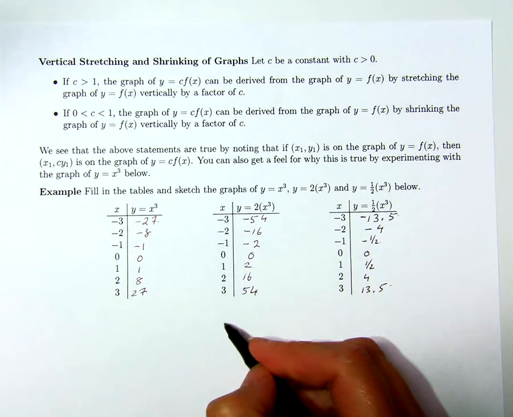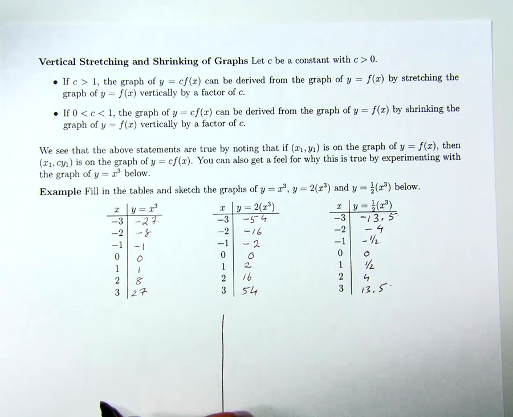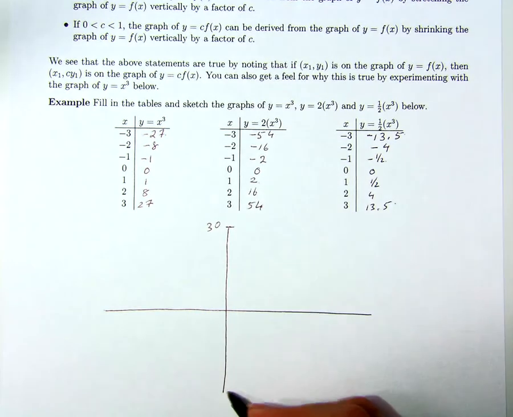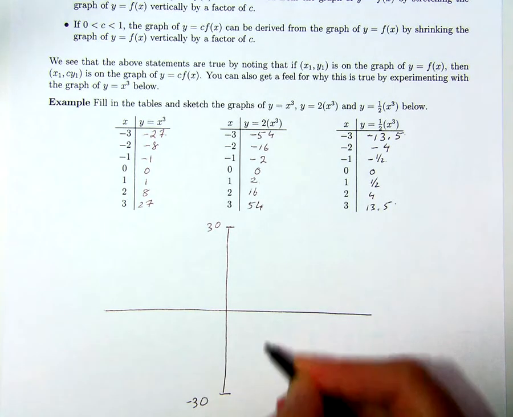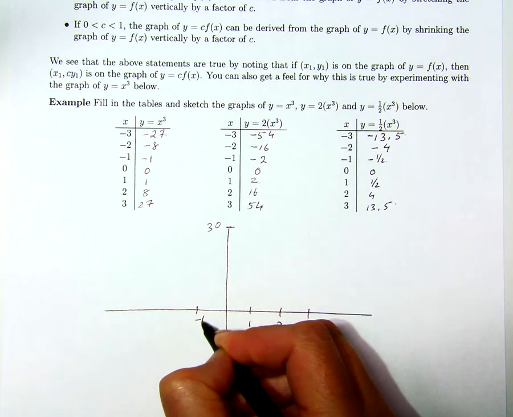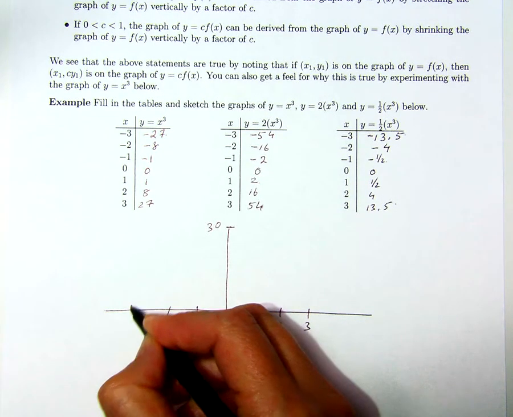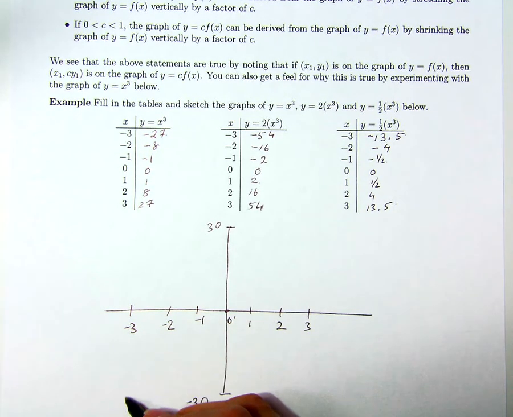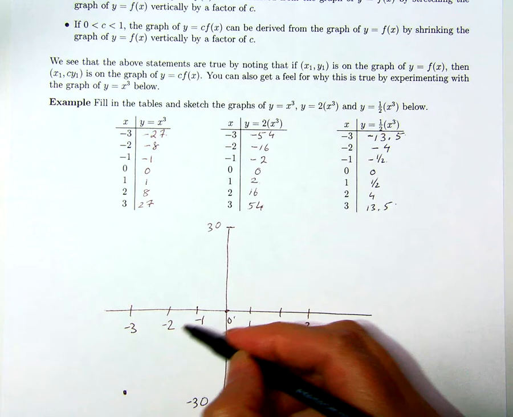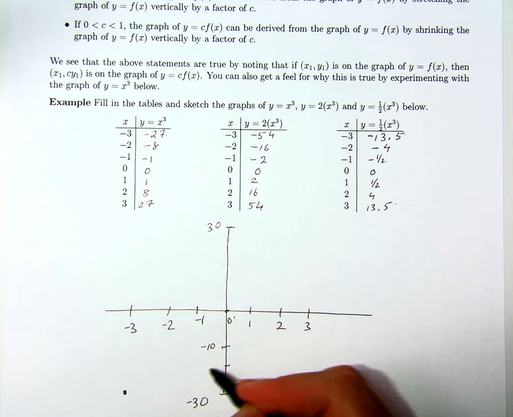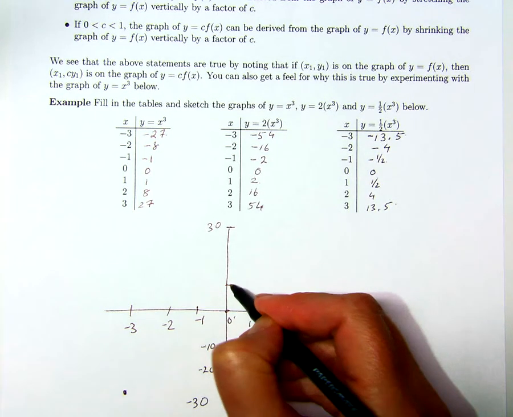And if we were to sketch these, well, we get our usual graph of x cubed. So we get minus 3, minus 27, make that minus 10, minus 20.